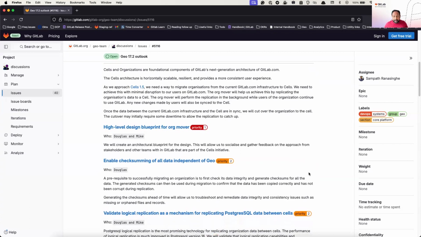So in a similar vein, since we want to minimize the downtime when it comes to migrations between cells and from the .com monolith to cells, the mechanisms that Geo uses lend themselves very well here.